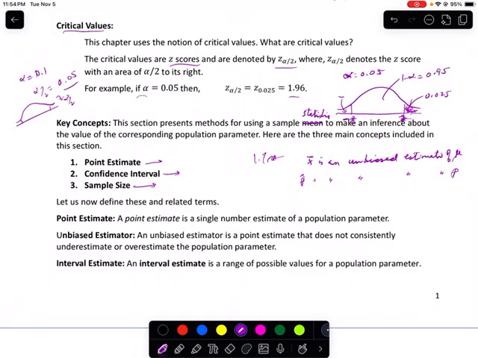Okay, so now the next thing we are looking at is the interval estimator. So what is an interval estimator? It is a range of possible values for a population parameter.